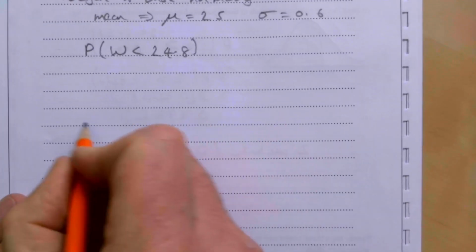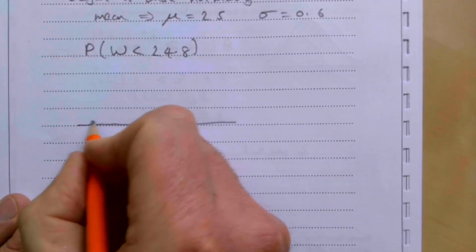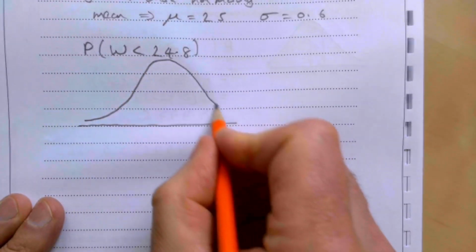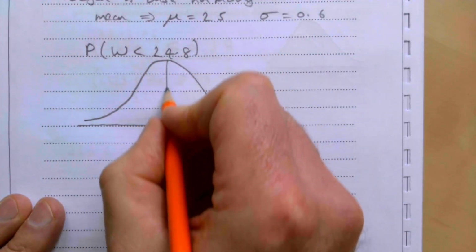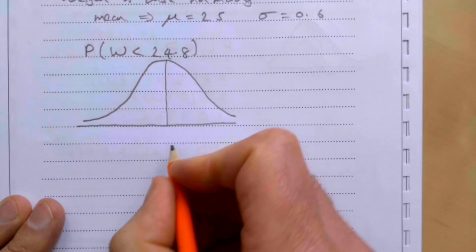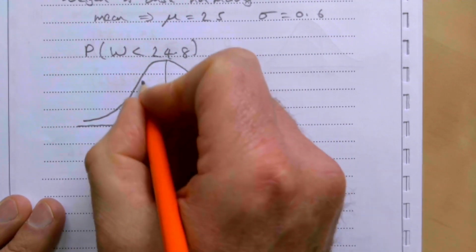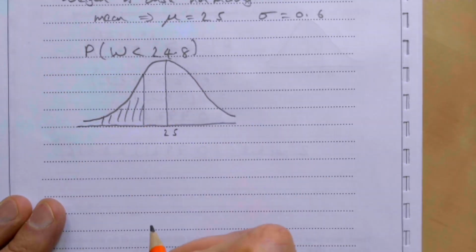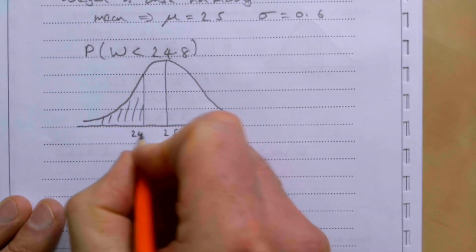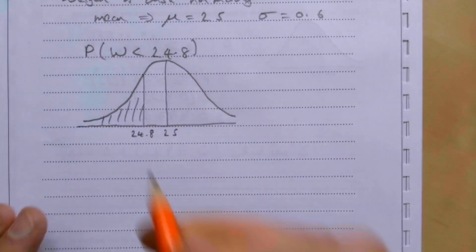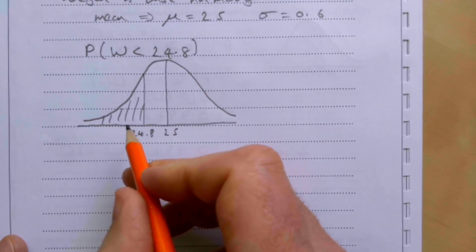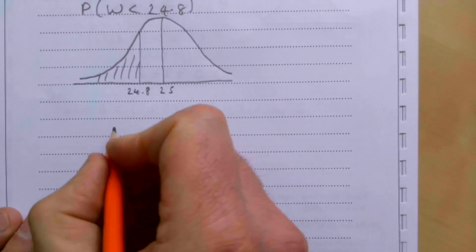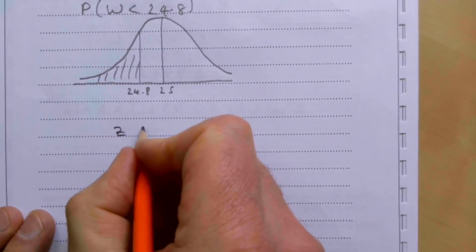So our wee diagram is going to look like this. That's 25, and that's going to be our 24.8 there, and we're trying to find out if that is in the bottom 5%. So remember, we have a slightly different formula for this.